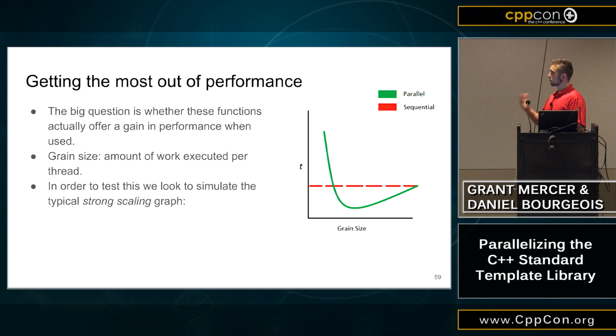And this is going to give you really bad performance because you'll get too much overhead of parallelism without enough actual work being executed to make up for it. On the right, if you're putting too much work on one thread, you're not going to have any parallelism. You're going to put all of your work on one thread, and that's going to be sequential. So there's a sweet spot for every algorithm where you get the perfect amount of work at the perfect size, and you'll get the most speedup.